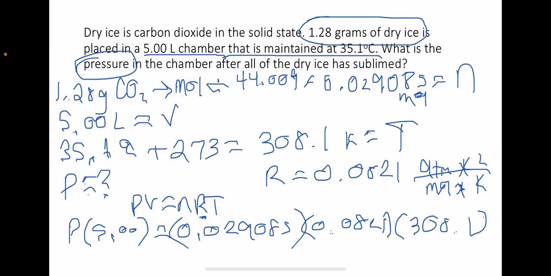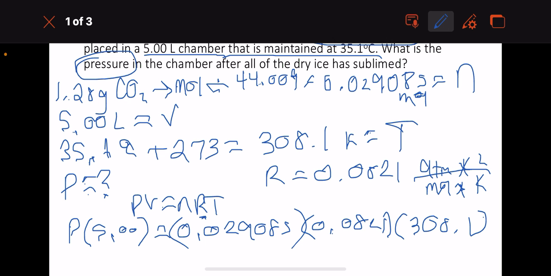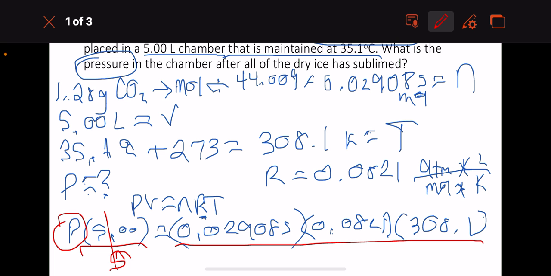I know my decimals are super small on this screen, so just make sure you're being really careful of that. And then we've got P here that we're solving for. To get it by itself, we'll need to divide both sides by 5. So we're going to divide both sides by 5, and that is how we will get our final answer.